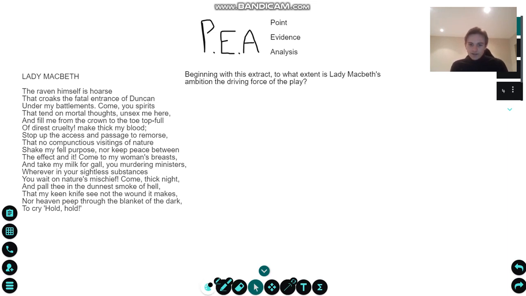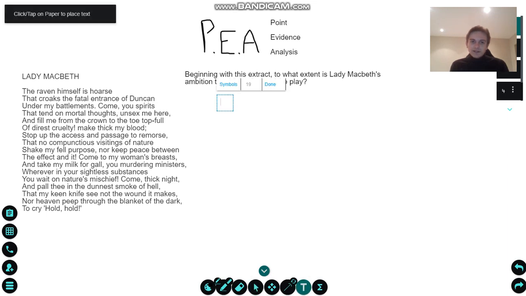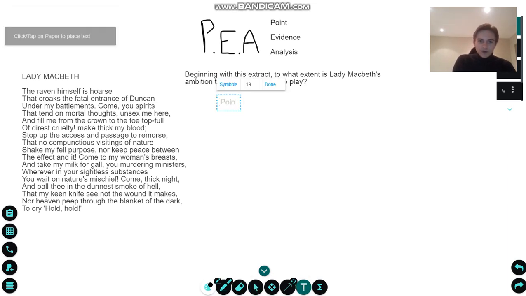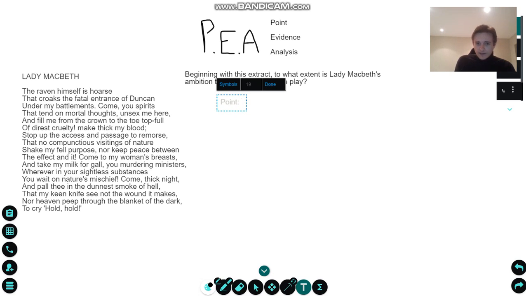So we can begin by focusing on the point. Now, a lot of students will have difficulty with structuring their body paragraphs, and this is why structure is so important, because students will spend so long revising and studying and making sure they understand every aspect of the play.